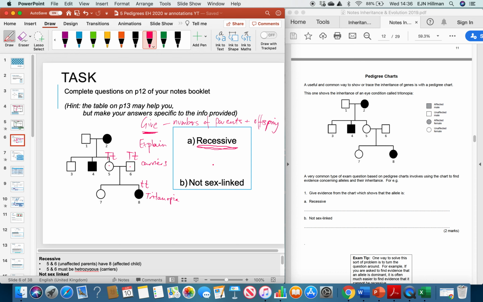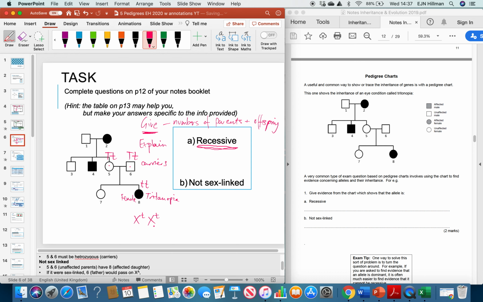So that's for recessive. For the sex-linked part, well, let's think about it. If it were sex-linked, number 8 would have to be homozygous recessive. So number 8 is female.